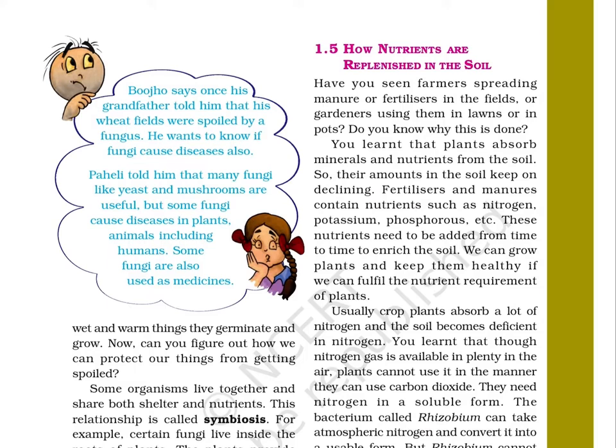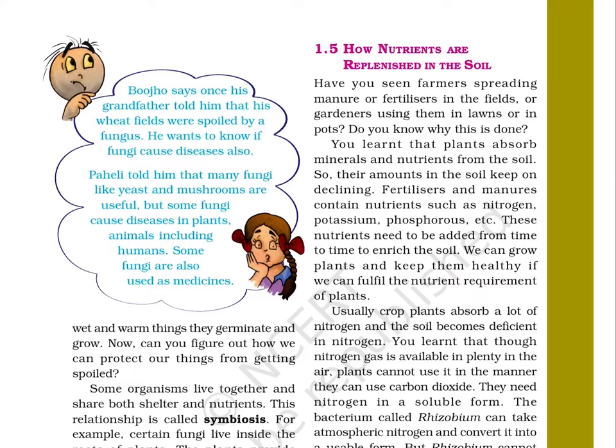1.5 How nutrients are replenished in the soil. Have you seen farmers spreading manure or fertilizers in the fields, or gardeners using them in lawns or in pots? Do you know why this is done? You learned that plants absorb minerals and nutrients from the soil.